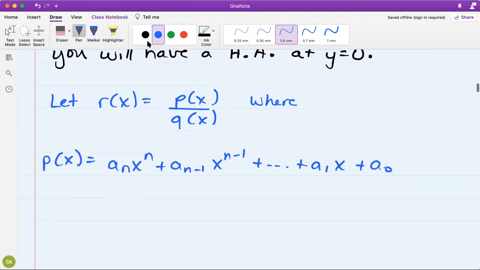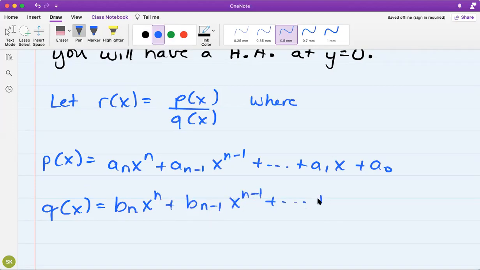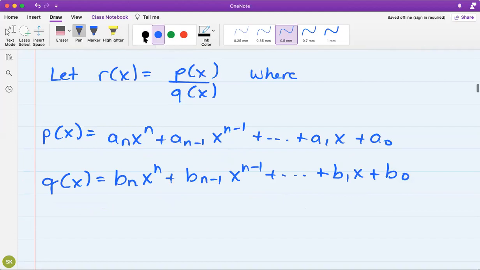And let's say q of x has the same degree. So it's b sub n x to the n plus b sub n minus 1 x to the n minus 1, and so on. And the reason I'm using a different letter here is because I don't want the coefficients to necessarily be equal, but I want them to have the same degree. Okay?